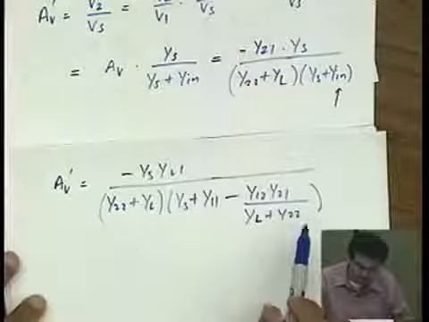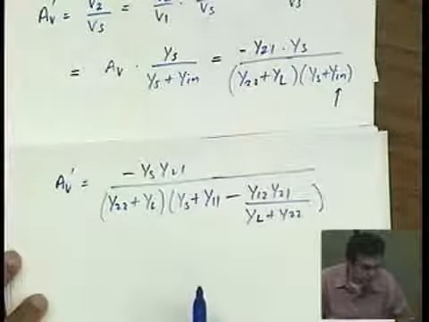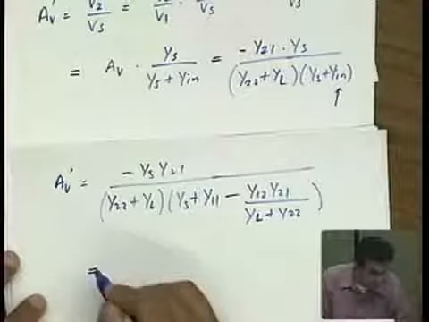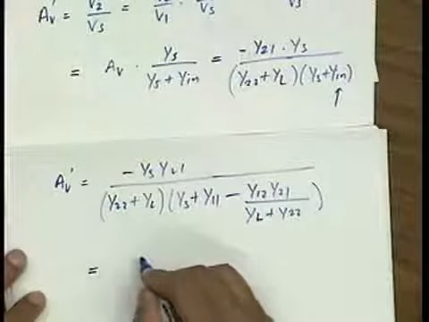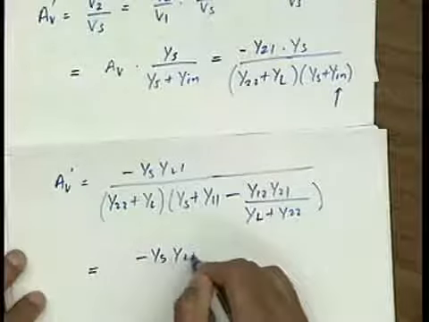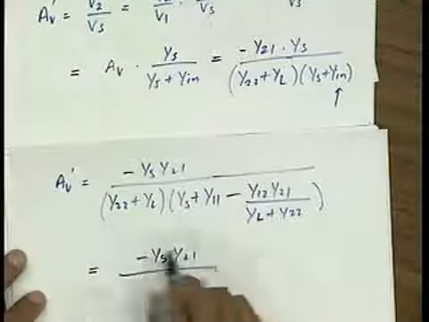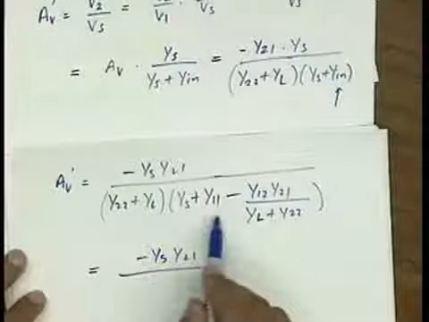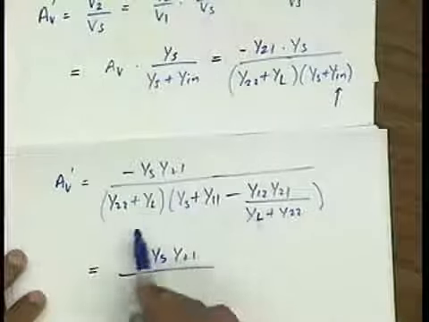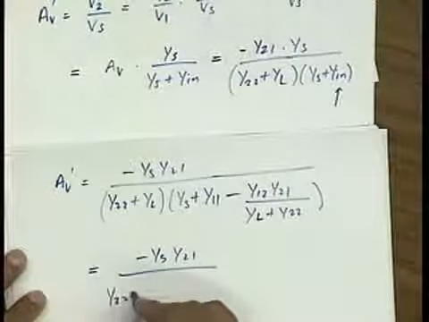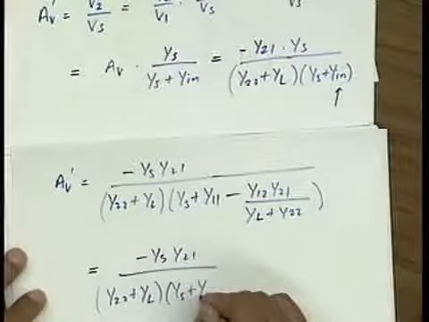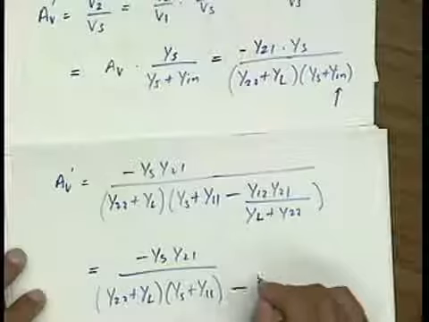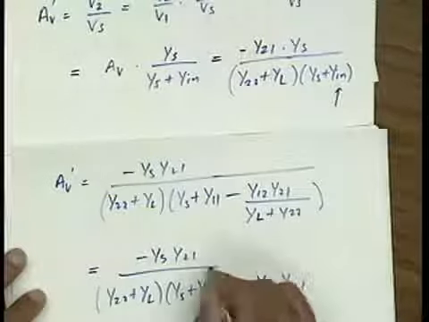Now if I multiply this out, I get minus Ys, Y21. So let me multiply this in, rather. You can see that this and this factor here cancel out. The first factor is Y22, YL times Ys, Y11 minus Y12, Y21.